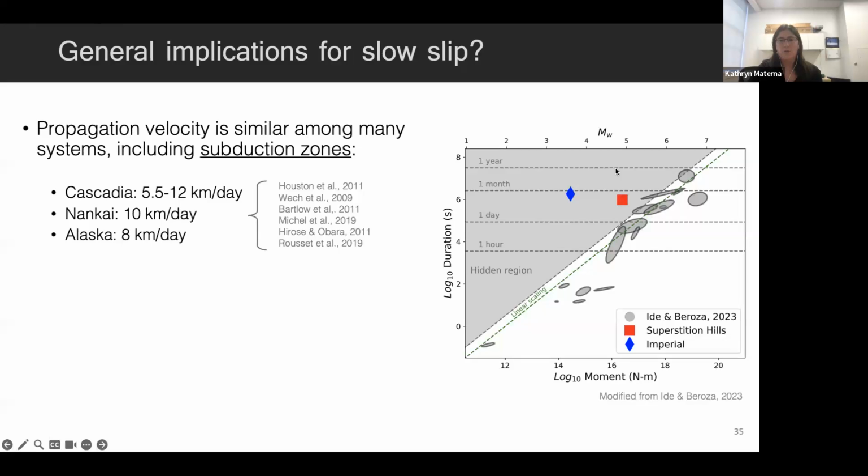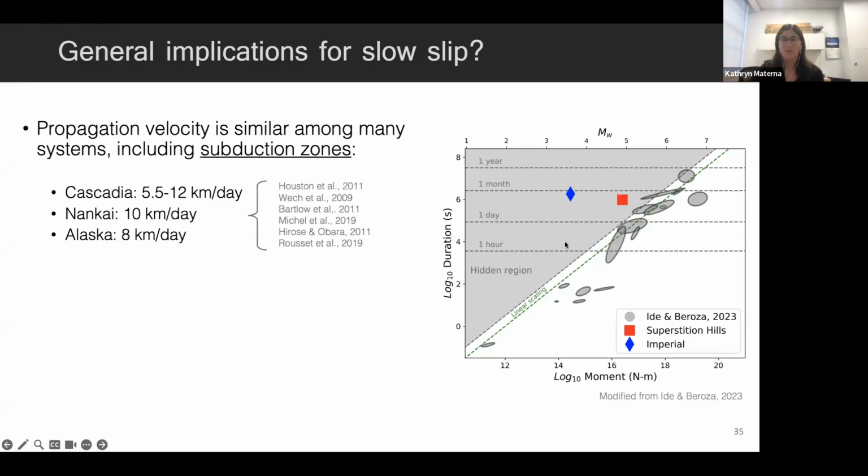And they go through the expected noise characteristics of seismic and geodetic data over certain frequencies and posit that any slow slip events in subduction zones happening within this region could happen, but they would not be observable due to the noise characteristics. And therefore, they reinterpret this linear scaling as an upper speed limit.